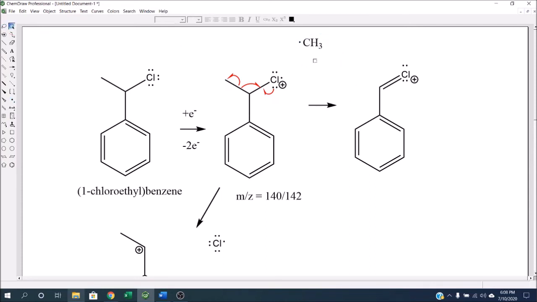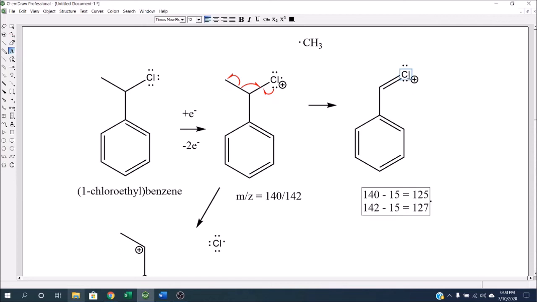This methyl group right here weighs 15. A carbon weighs 12, and each hydrogen weighs 1. So if we take the 140 and we subtract 15 from it, that means we're going to get something at 125. But if we started off with the 142 because of the chlorine 37 isotope and subtract 15, then it'll be 127. We still have the chlorine on there.